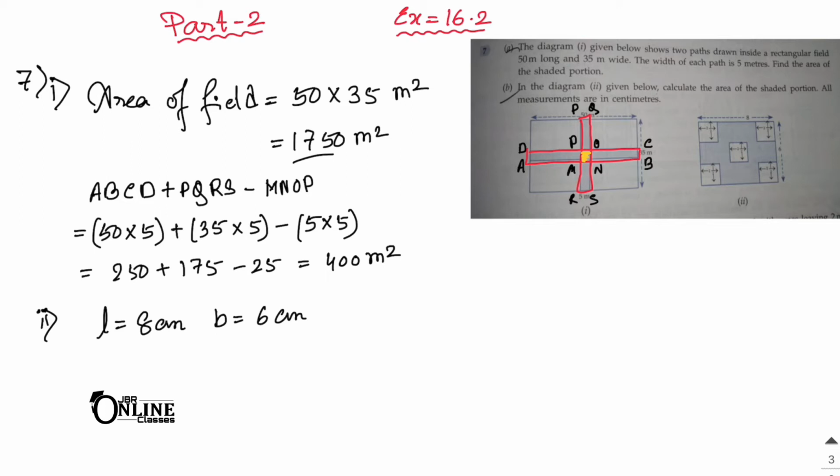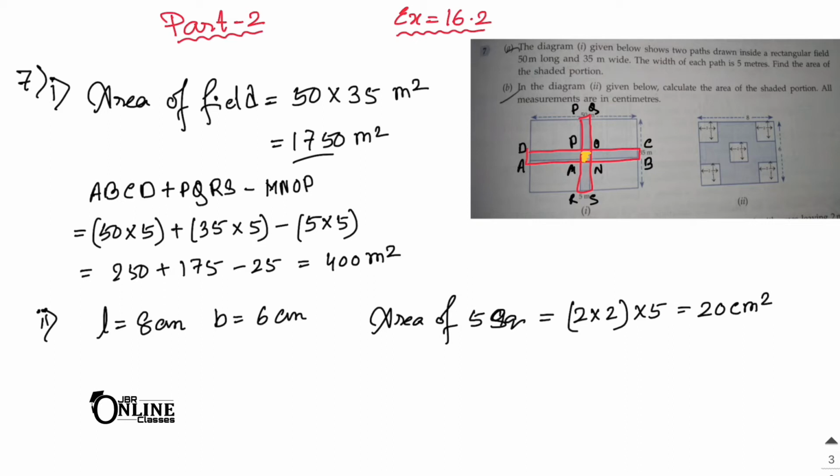So if you want to find out the area of the shaded portion, first we have to find out the area of the 5 squares. So area of 5 squares equals 2 into 2 into 5, so it's 20 centimeter square.